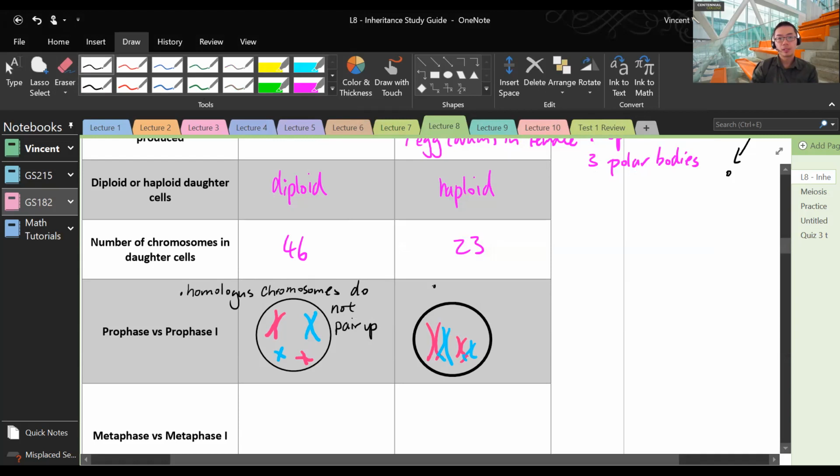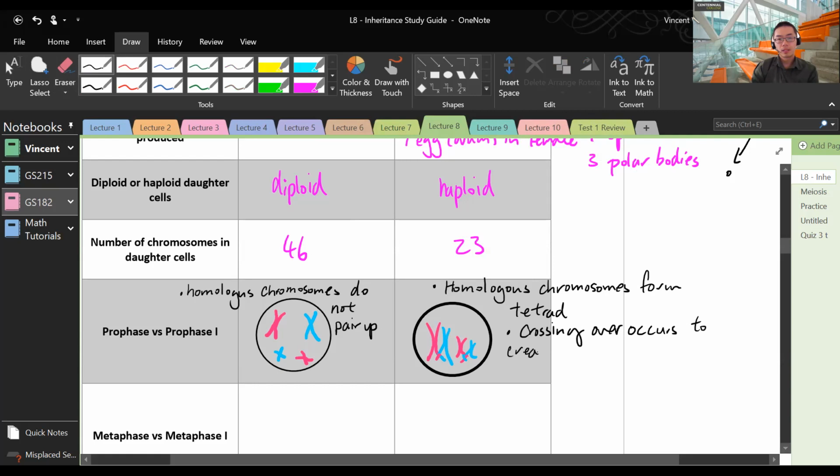Whereas for meiosis 1, homologous chromosomes form tetrad. Crossing over occurs to create genetic variation.